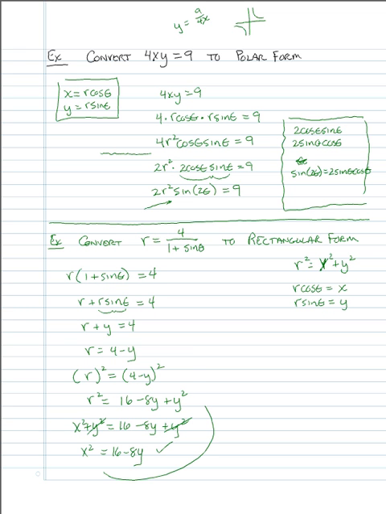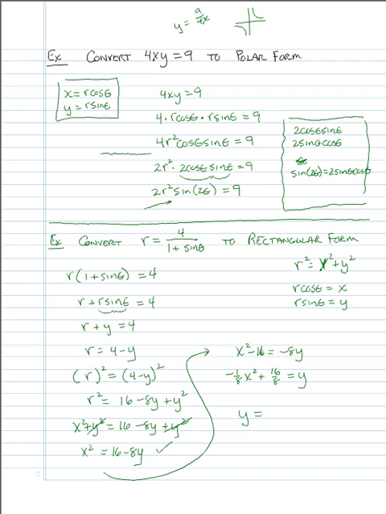But we could go a little bit further, I suppose, and solve that for y. So what I would do maybe is subtract 16 on both sides. And then multiply both sides by negative 1/8. We could say multiply both sides by negative 1, but I would say negative 1/8. So I'd have negative 1/8 times x squared plus 16 over 8 is equal to positive y.